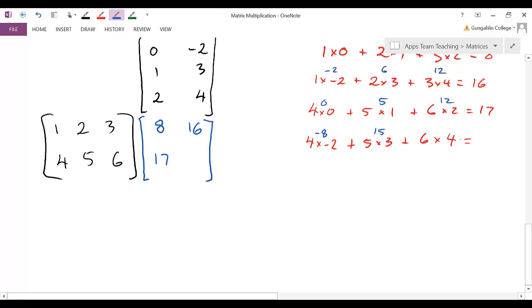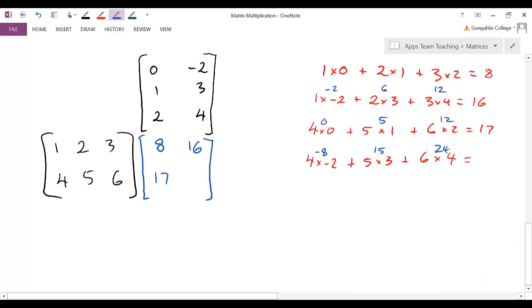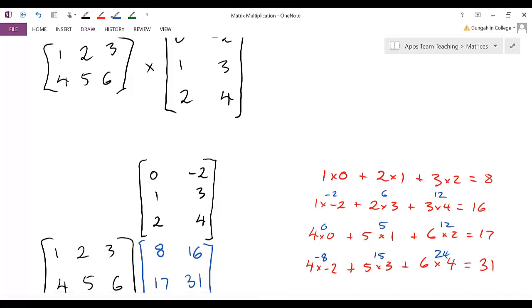Working that one out is a little bit more difficult, and the total of that comes to 31. So that becomes the final element in our matrix here.